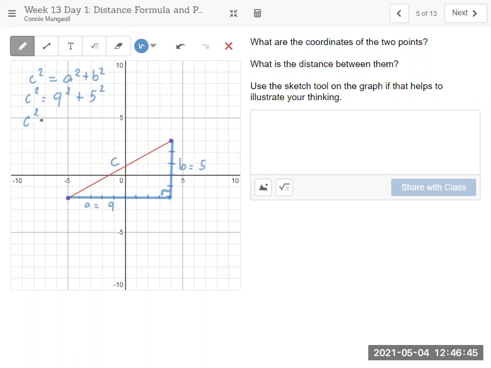Now what is 9 squared? 9 squared is 81. 5 squared is 25. So your C squared will be equal to 81 plus 25, which is 106, which gives us a C value equal to the square root of 106.